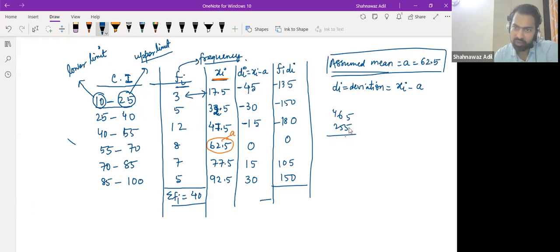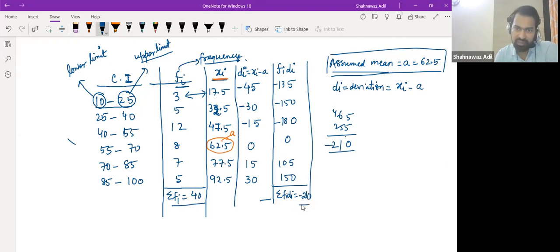So 464. Even if we choose to do direct and assumed, we will get the right answer, right? Yes, of course. So when we do the exercise questions, we will see which is easier to do. So this is minus 210, right?